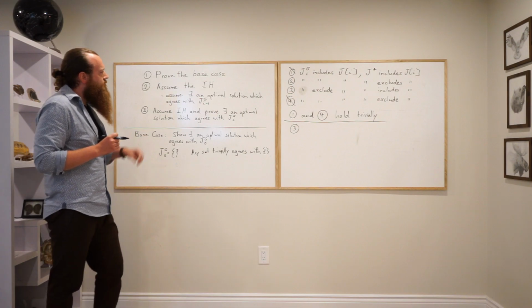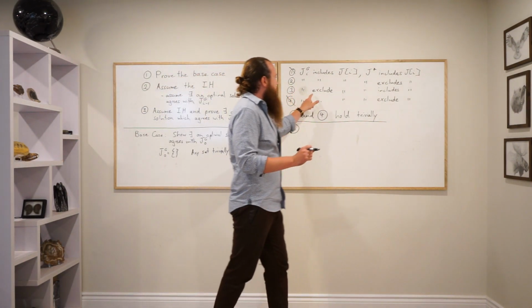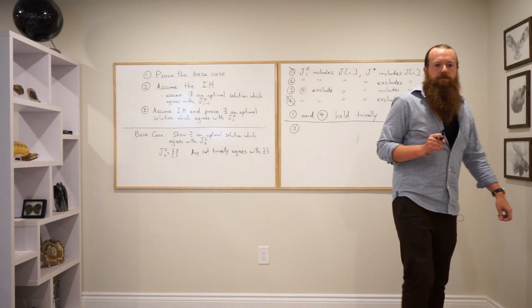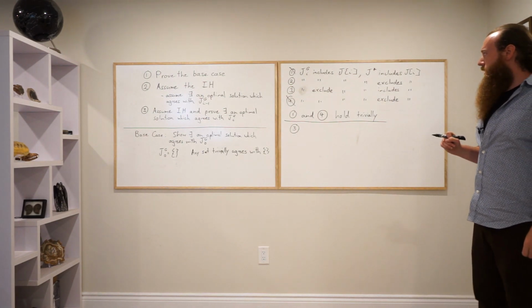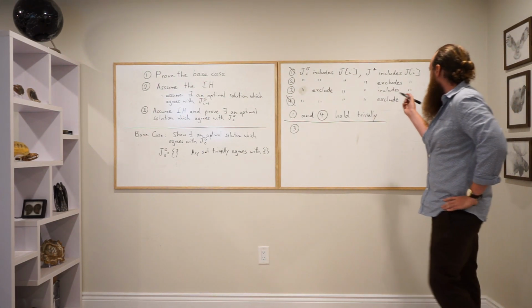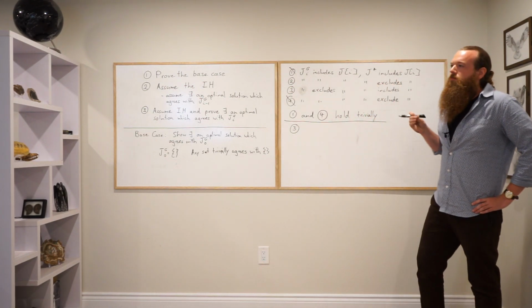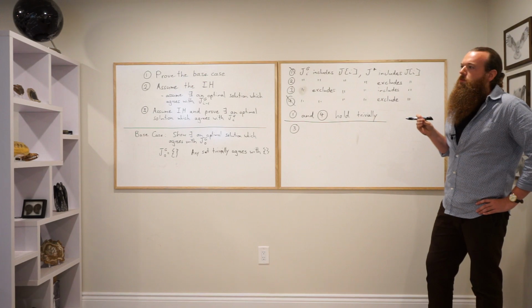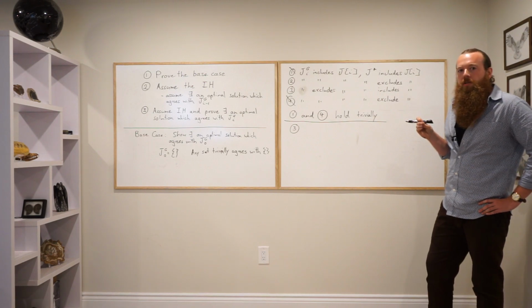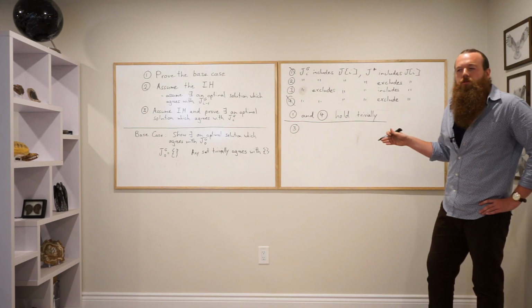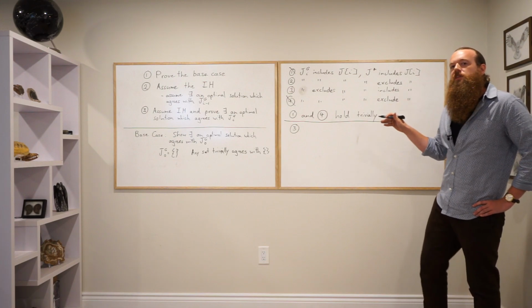Well, what has to be true if our greedy solution excludes the ith job? If you go back to the pseudocode, it includes a job, and when does it exclude a job? Well, remember, there's that if statement there.